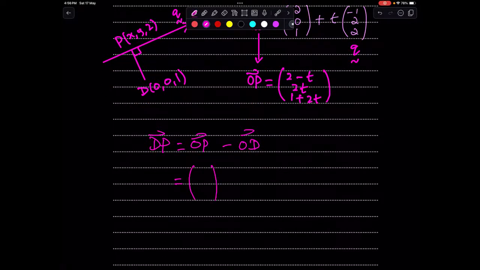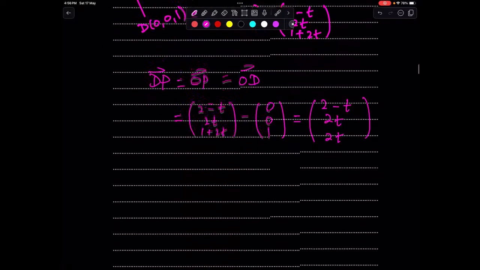So OP is 2 minus T, 2T, 1 plus 2T. OD is 0, 0, 1. So the simplified form of this is 2 minus T, 2T, 2T.